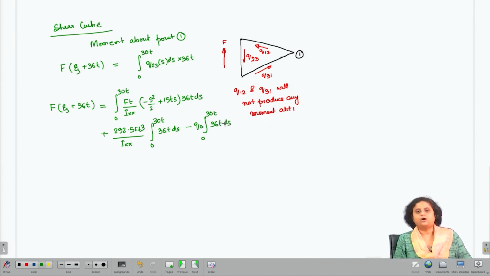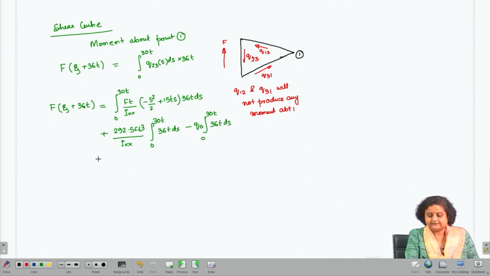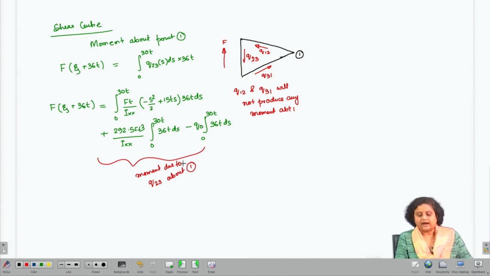So, this entire thing is the moment due to Q 2 3 about 1. Now, you see that the sign of the moment because of F is the negative of the sign of the moment because of the shear flow Q 2 3.